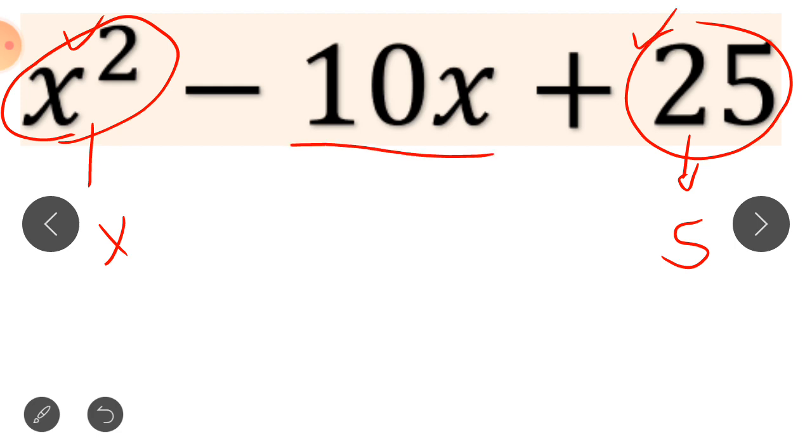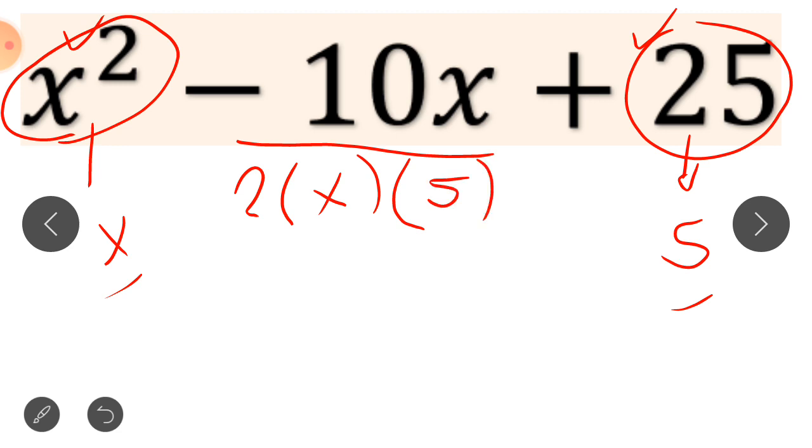Then the middle term is twice the product of first, that is x, and last, that is 5. So 2 times x, 2x, 2x times 5, 10x. So check. The middle term is twice the product of the square roots of first and last. So therefore, this trinomial x squared minus 10x plus 25 is a perfect square trinomial.